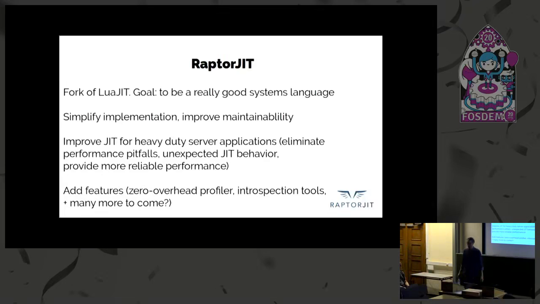Right now, LuaJIT performance is great. We just want to make it more reliable, and maybe even better in some cases. RaptorJIT also adds new features. Among those is a low overhead profiler and matching introspection tools for that data. And hopefully there are many more features to come. And that's where you come in, I guess.